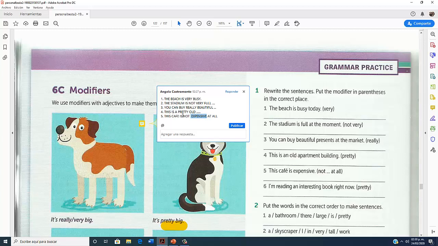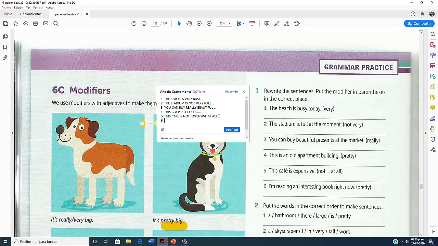This cafe is not expensive at all. English is not difficult at all. It's like, no es del todo caro, no es del todo difícil, lo que decimos en español.